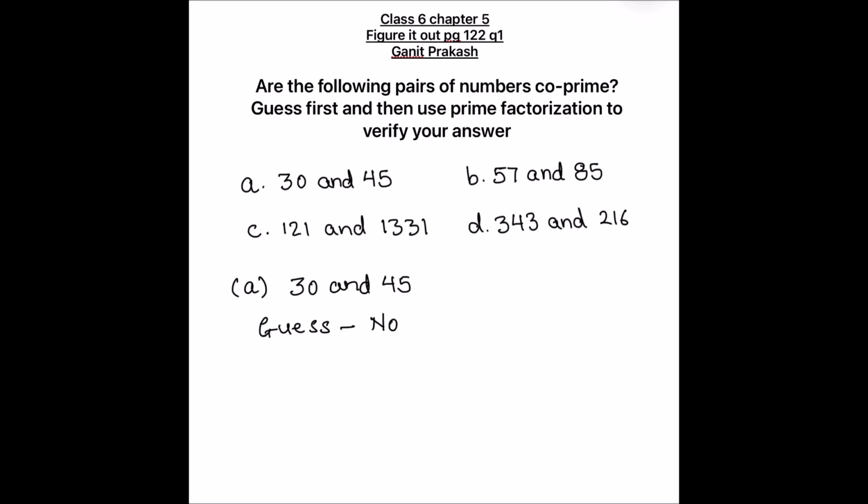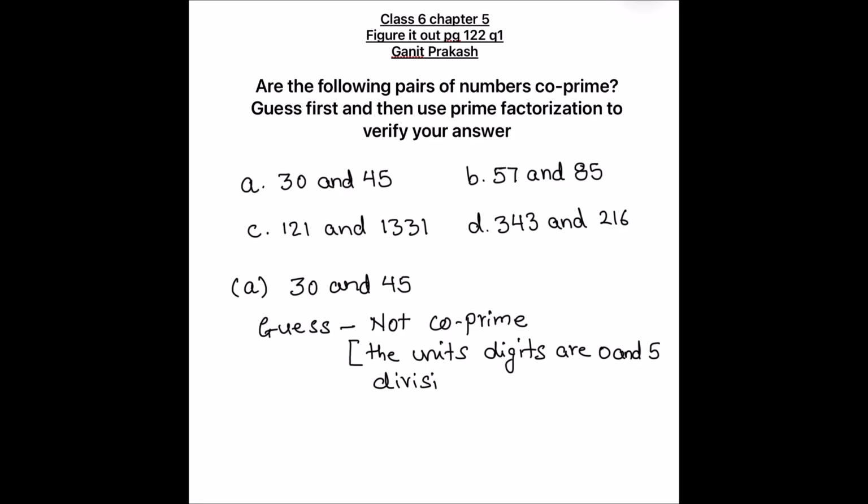So I am going to write here not co-prime because the digits are 0 and 5, divisible by 5. That's our reason.